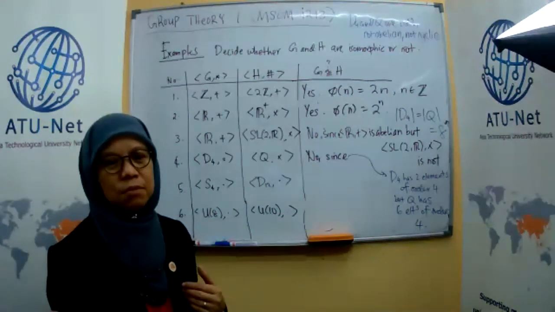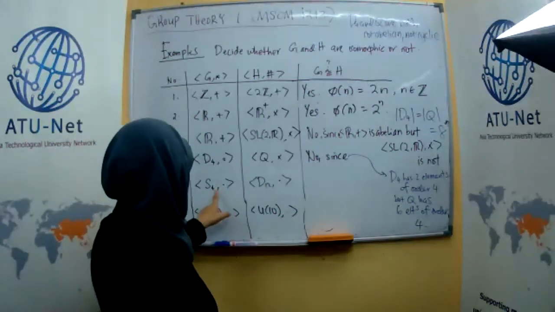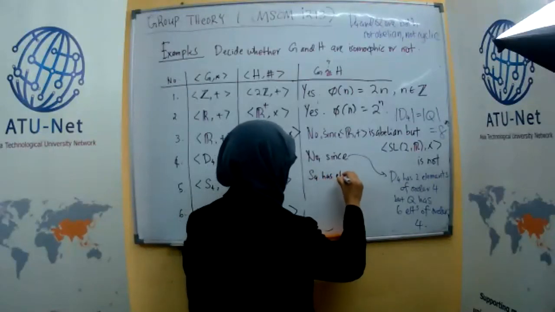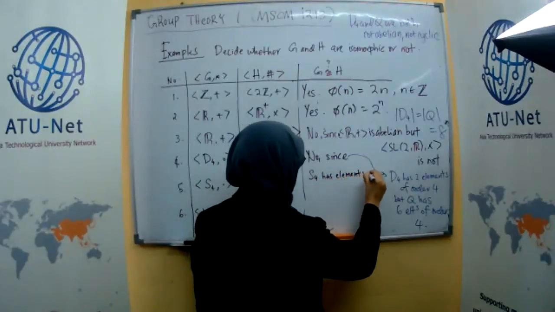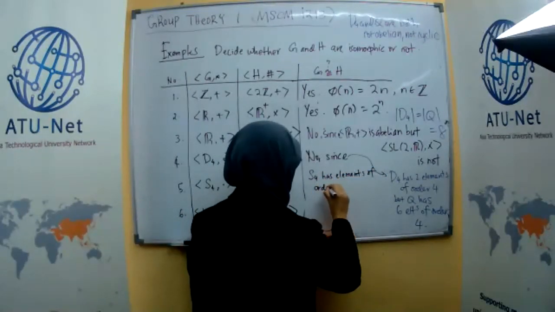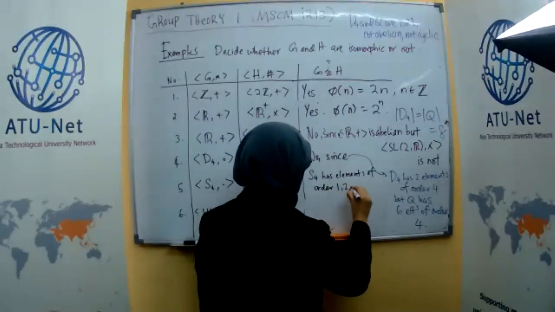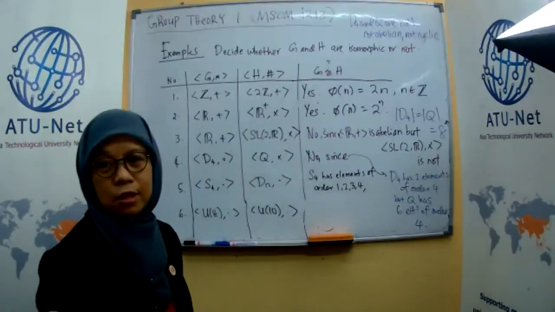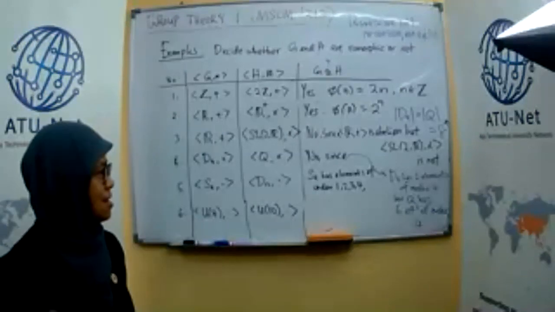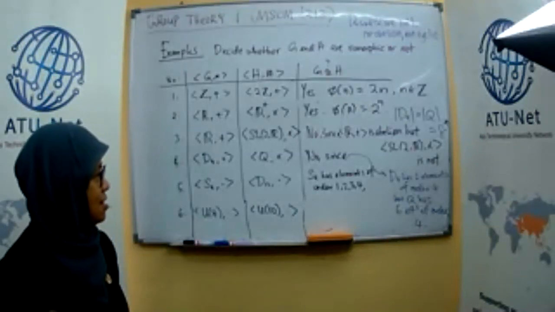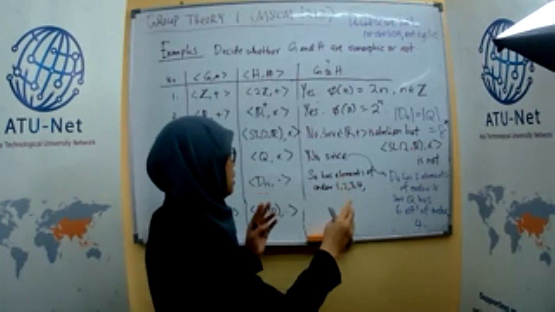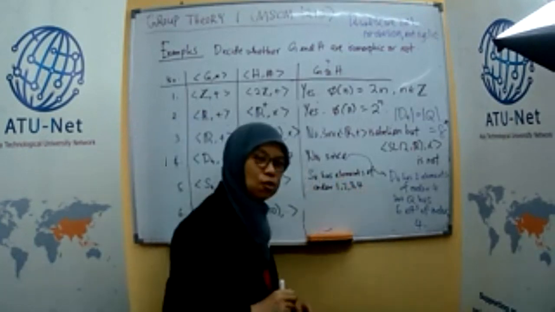Okay, how many elements of each order? S4 has elements of order 1, 2, 3, 4. It has 24 elements, but each element has order 1, 2, 3, or 4, right?